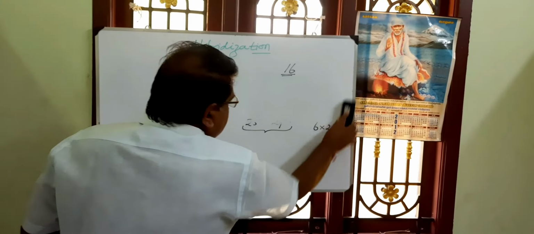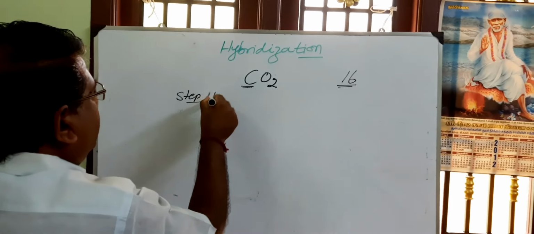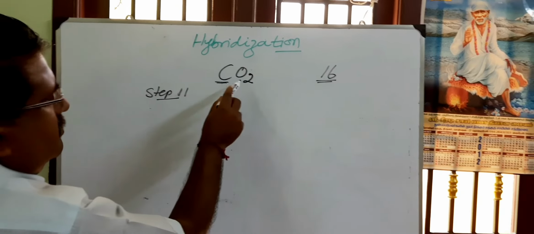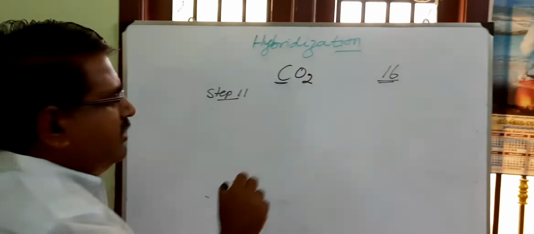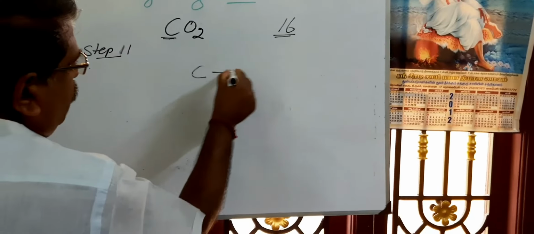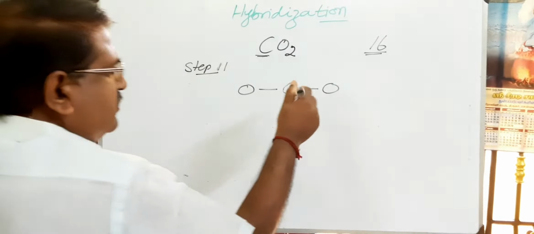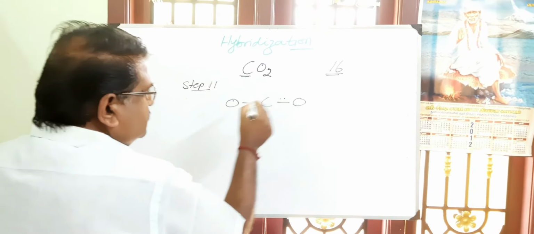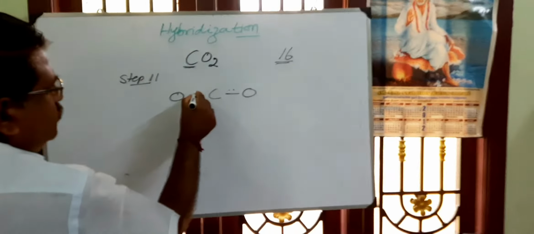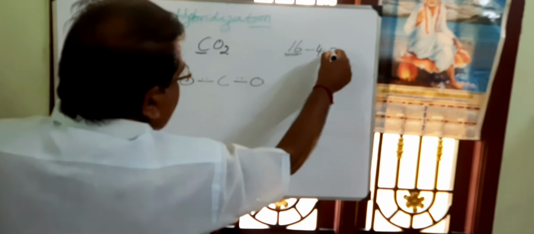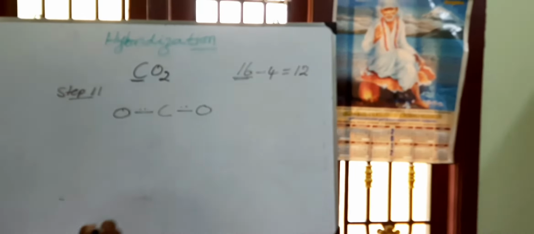Now step 2. In step 2, we have to calculate the formal charge of carbon and oxygen. In order to calculate the formal charge, we should assume the molecular structure of carbon dioxide. Assuming the structure of carbon dioxide is O-C-O with single bonds. For each bond formation, we need 2 electrons. So 2 electrons for this bond, 2 electrons for this bond. So 16 minus 4, we have 12 electrons in hand.